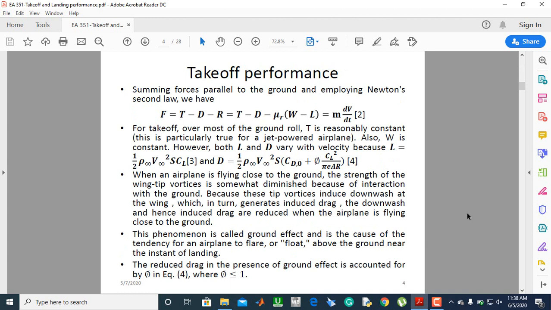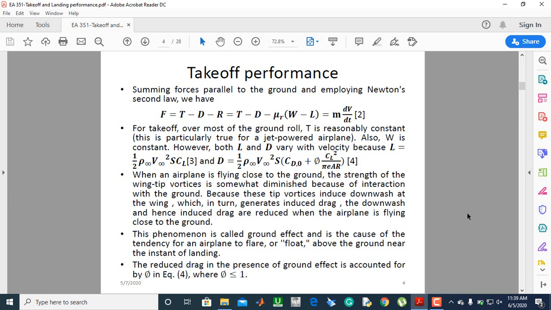And now if you sum up all the forces parallel to the ground and apply Newton's second law, the resultant force F will be equal to the thrust, minus the drag and the frictional force. And if you substitute the values for the frictional force, you get this equation.